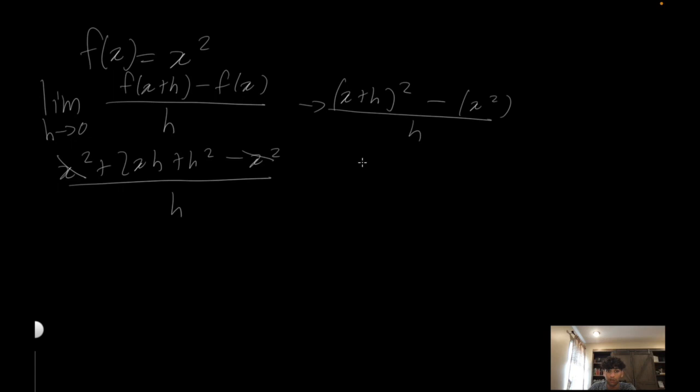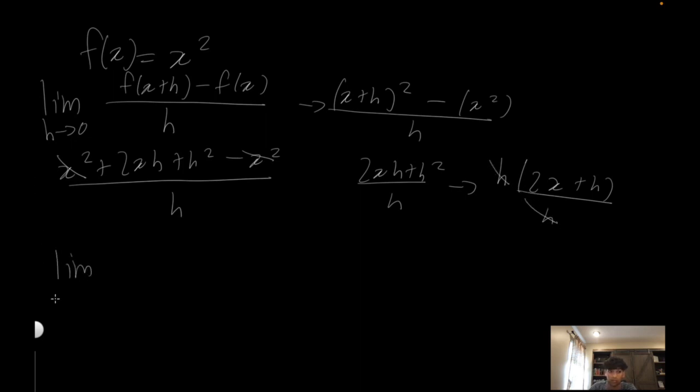Now you're left with 2xh plus h squared over h. Now you could actually factor out an h, and that'll simplify this down even further. So what that does is that gets rid of the h in the numerator and the denominator. Now we're just left with the limit as h goes to 0 of 2x plus h.